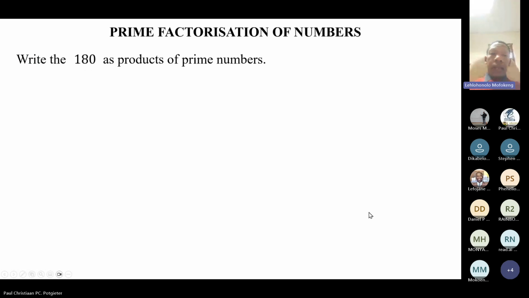And then we are going to actually decompose a composite number into prime factors. As you can see there, we are having 180.